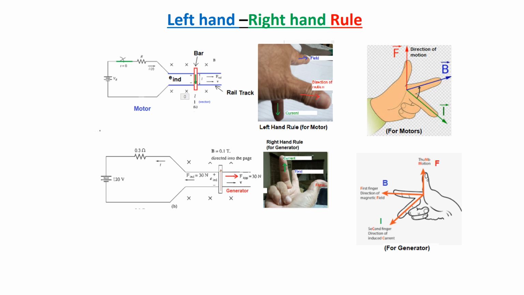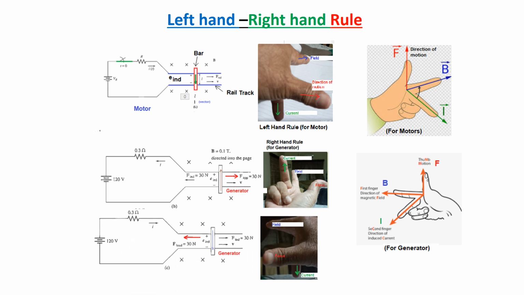Let's see another scenario of a generator. Now in this case, the pull is towards the left hand side, and then we have to find the current direction. Again, we'll use the right hand rule for the generator. My thumb is showing the force, the second finger is showing the field inside the page, and therefore the middle finger is showing the direction of current.